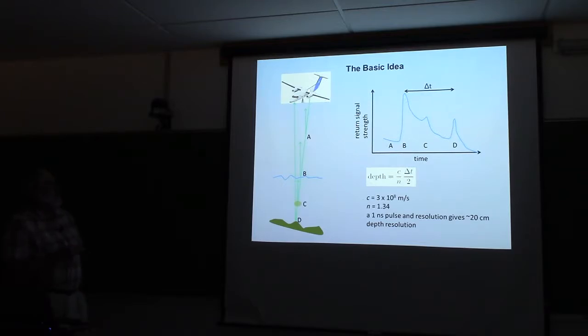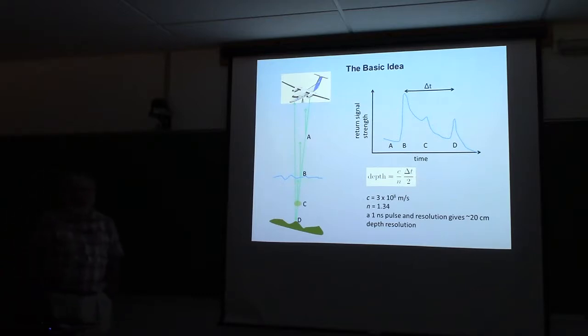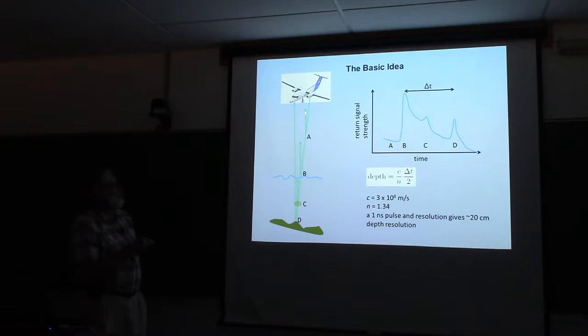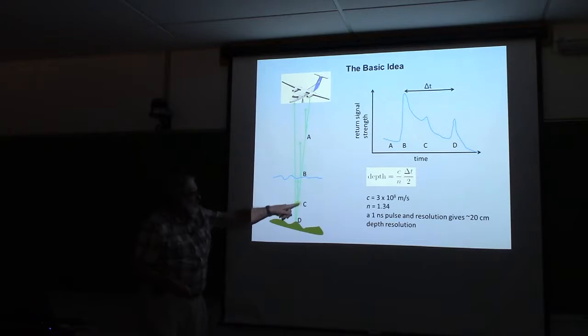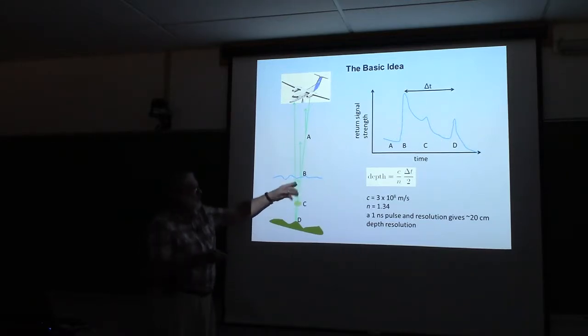Okay, so the basic idea of bathymetric lidar is this. You fly over, airplane, satellite, whatever, you send down a pulse, beep, a 1 nanosecond pulse, and then you're measuring the return signal at, say, 1 nanosecond resolution. So it starts out, okay, you're going to get some backscattering from the atmosphere, so you'll have some little signal, but sooner or later the signal will hit the water surface and you'll get a big reflection, bang, so there's the water surface. Then the signal goes down in the water, maybe there's a scattering layer here, and you're getting some return, of course, just from backscattering by the water column, and of course that's being attenuated.